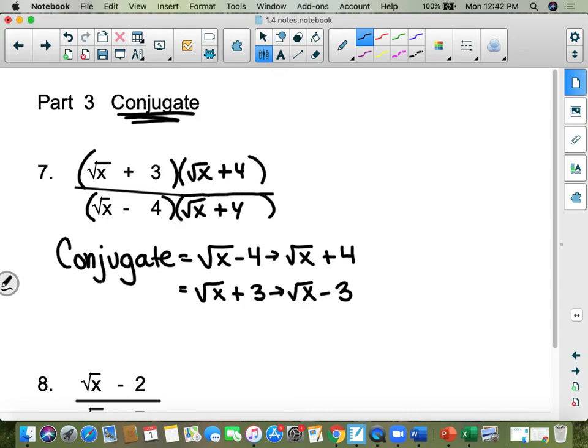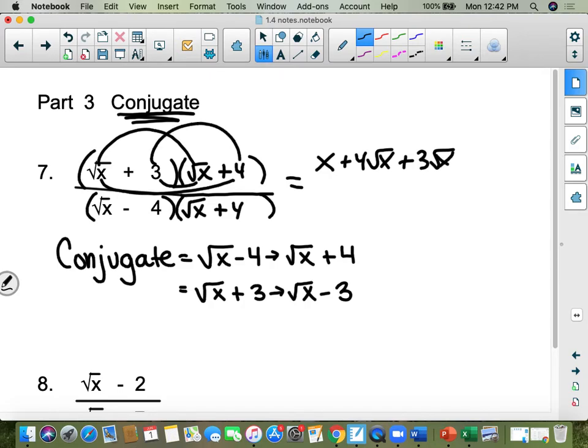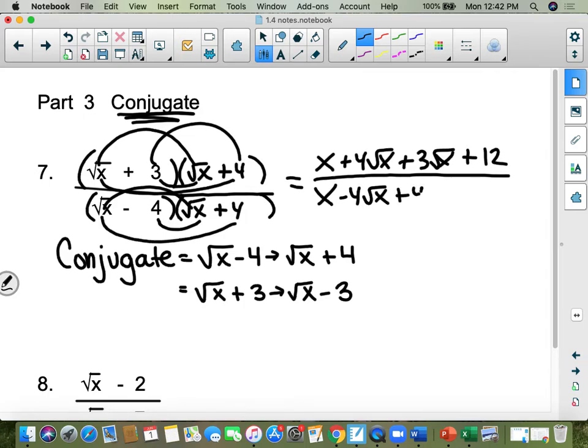I have to do the FOIL method. First is the x, outside plus 4 root x, inside 3 root x, last is plus 12, divided by, first two makes the x, a negative 4 root x, outside makes a positive 4 root x, minus 16.